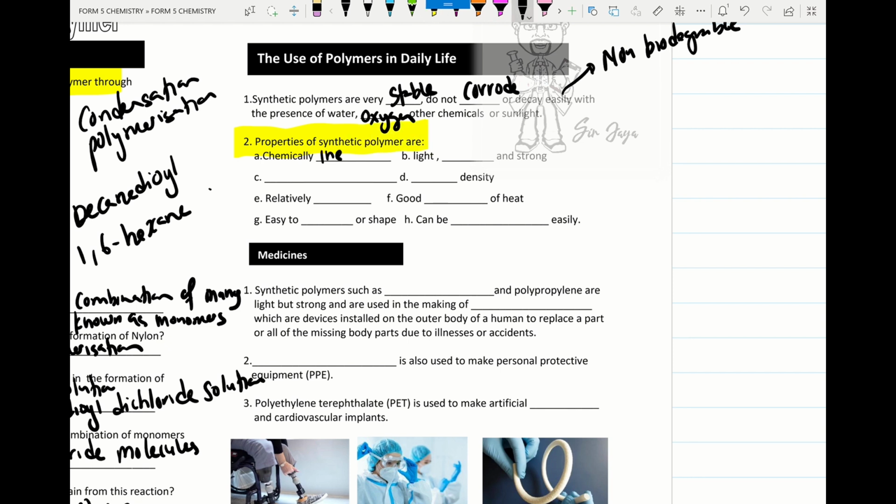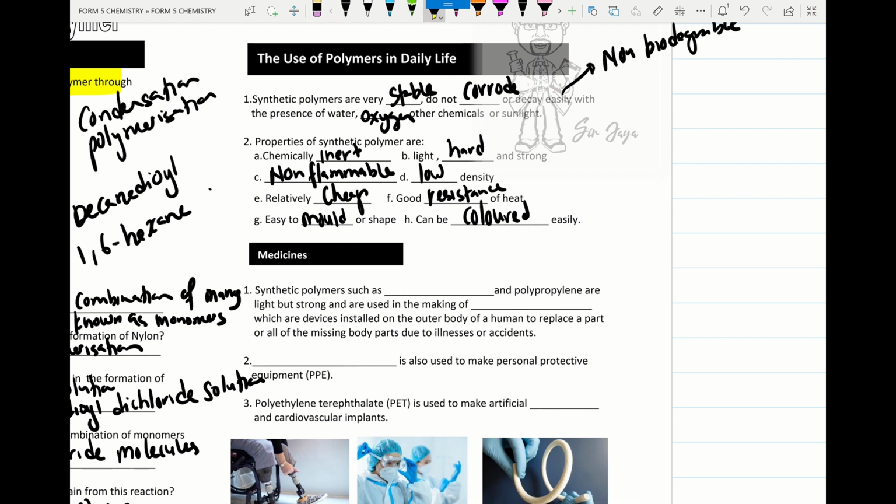They are chemically inert, light, hard, and strong. Point C, all synthetic polymers are non-flammable, have low density, and are relatively cheap. They have good resistance to heat, are easy to mold or shape, and can be colored. So these are the properties of synthetic polymers.